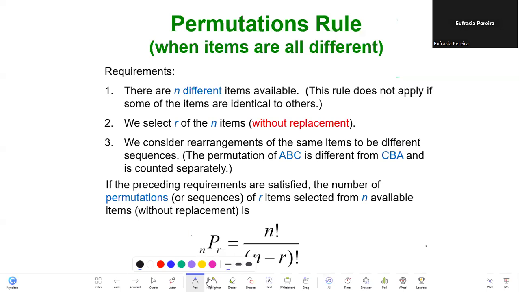Permutations rule when items are all different. Requirements: 1. There are n different items available. This rule does not apply if some of the items are identical to others. Second, we select r of the n items without replacement.